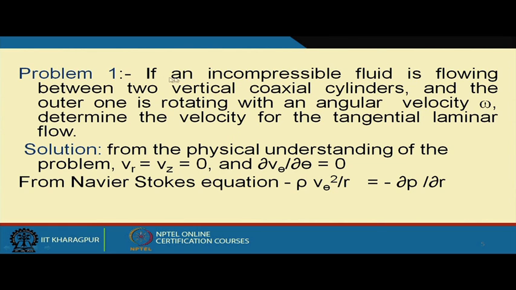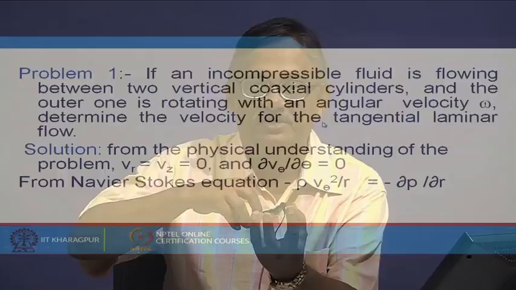I repeat, here we are taking the fluid to be incompressible, flowing between two vertical coaxial cylinders, right. So, we have two cylinders, one like this and the other like this.